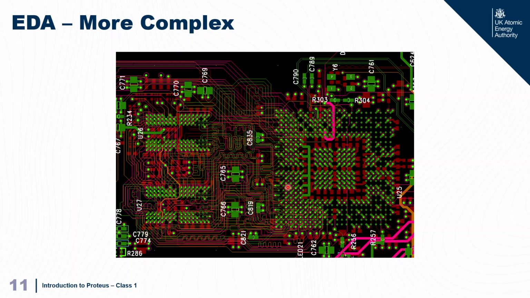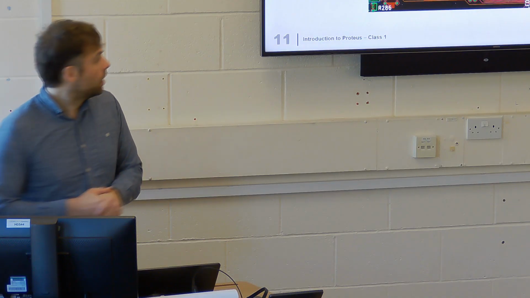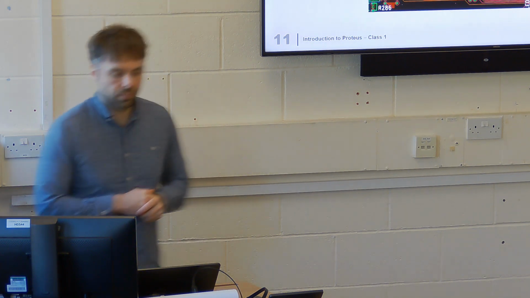And the vias are actually, you see these little bright green dots. And you see all these tiny little dots. They're all vias as well. So they're all perforations of the circuit board connecting layers together. Has anybody heard of a BGA package? No. Right.